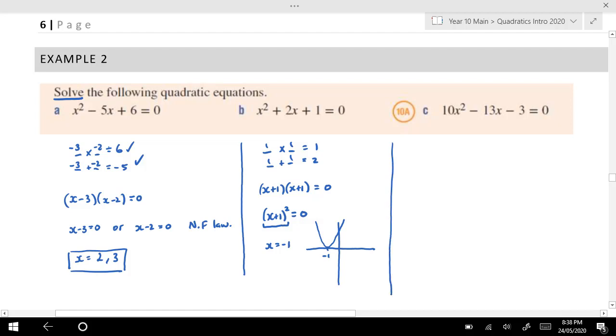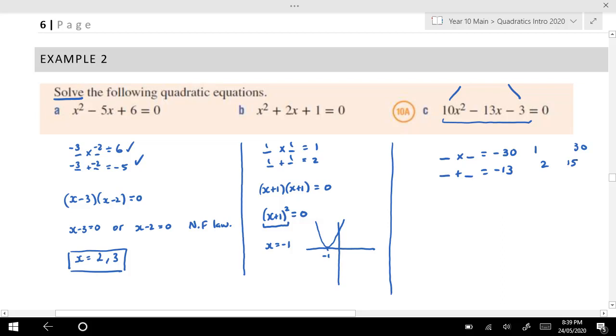All right. And finally, these, I guess, were the harder ones because we've got the non-monic trinomials. So what we have to do is find two numbers which multiply to give 10 times minus 3, so two numbers which multiply to give minus 30, and they add to give minus 13. If you think about the factors of 30, we've got 1 and 30, 2 and 15.